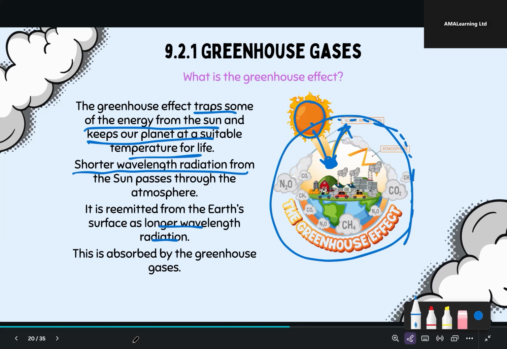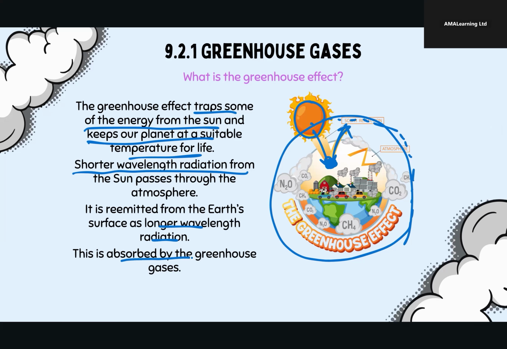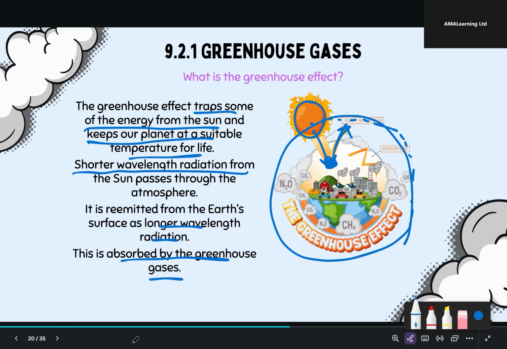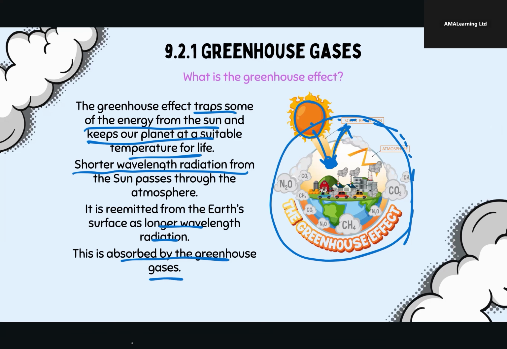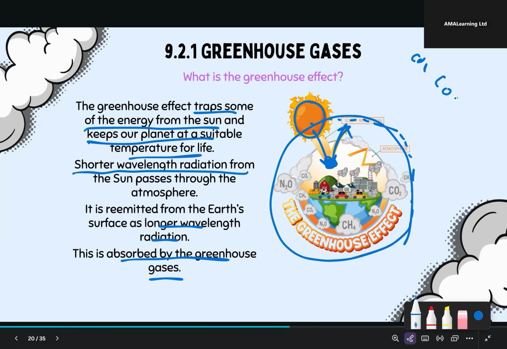Now, longer wavelengths are easier to be absorbed by greenhouse gases. So greenhouse gases absorb longer wavelength radiation. So if you've got a layer of carbon dioxide, the short wavelength will go through, but the long wavelength that comes back will be absorbed by it.